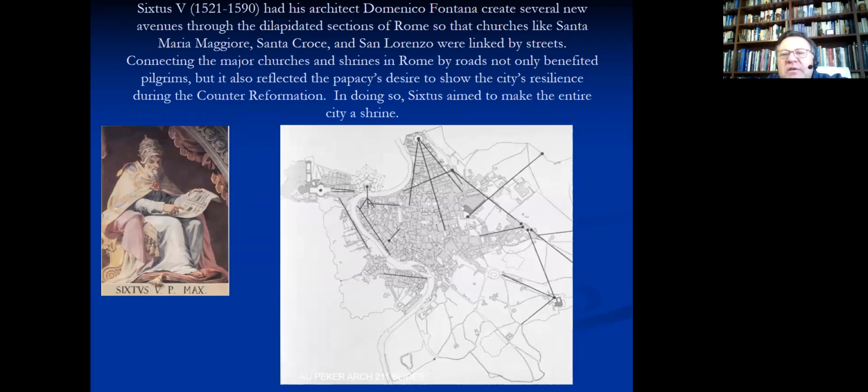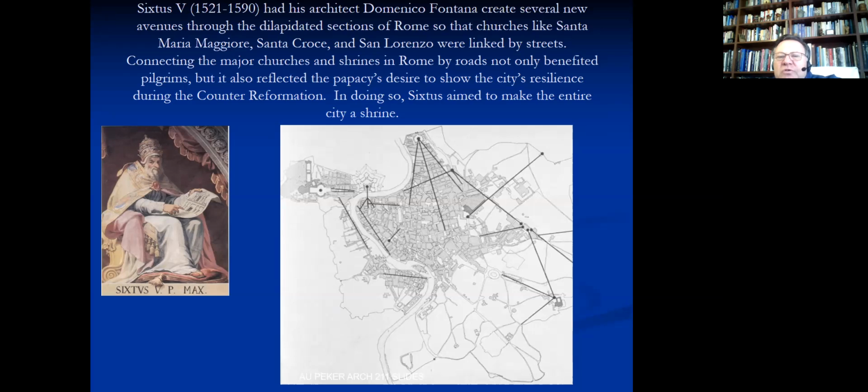Sixtus V is the symbol of this age, another pope at the end of the 16th century. He hired Domenico Fontana to reshape the Rome of medieval times, and he would like to create a new pilgrimage center, introducing great avenues between the main churches, like Santa Maria Maggiore, Santa Croce, San Lorenzo, linking them with radiating streets.